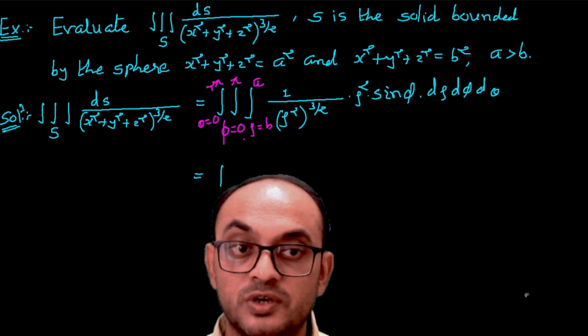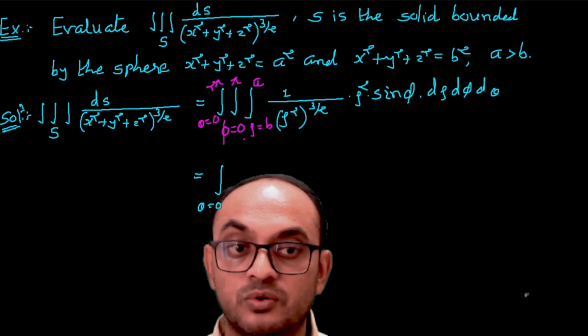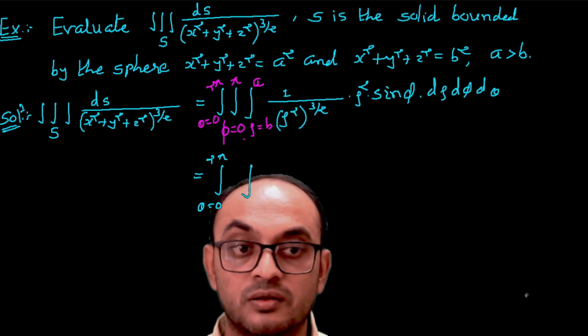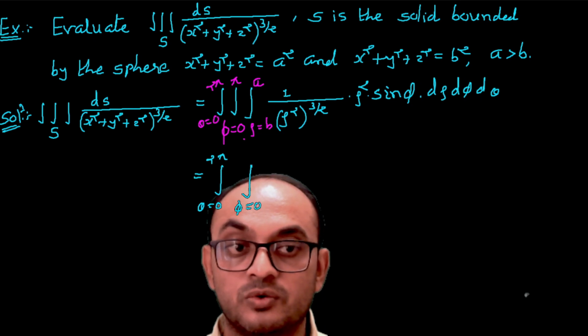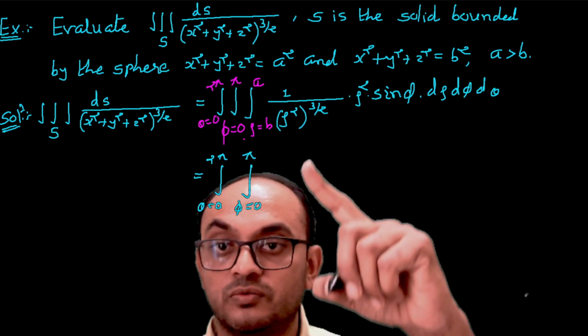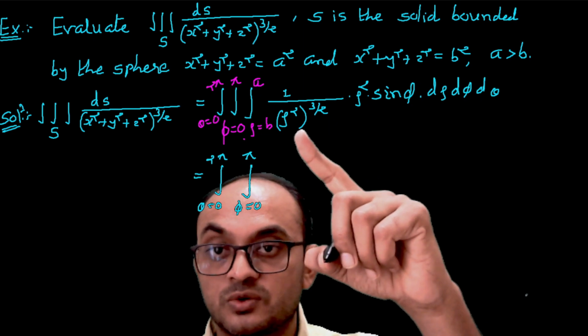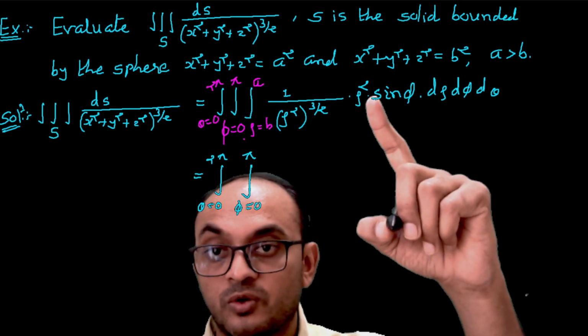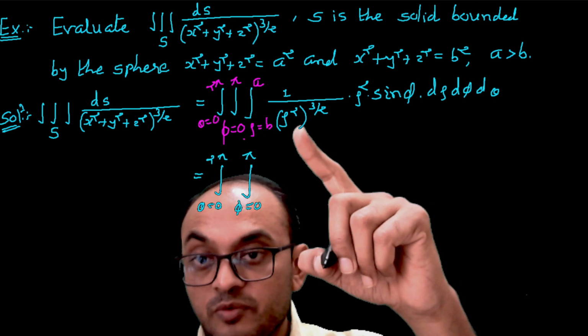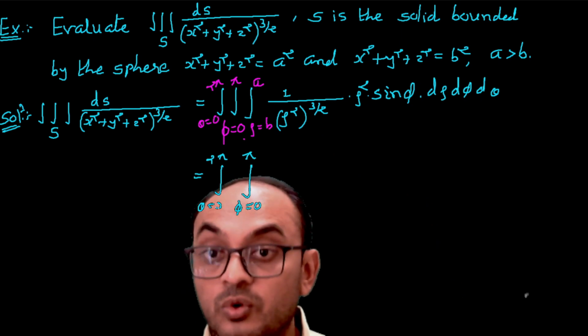Now this is equal to the integral with theta from 0 to 2 pi, phi from 0 to pi. Now rho square, its square root is rho, so the denominator is rho cube. Rho square divided by rho cube is 1 upon rho.